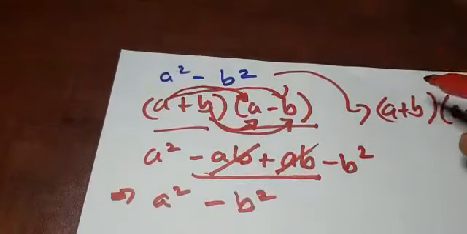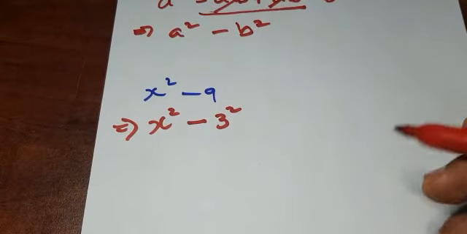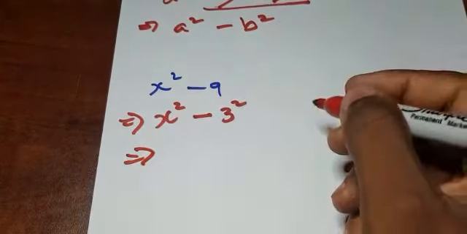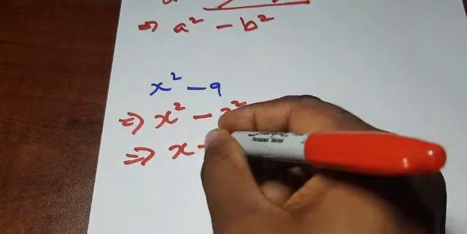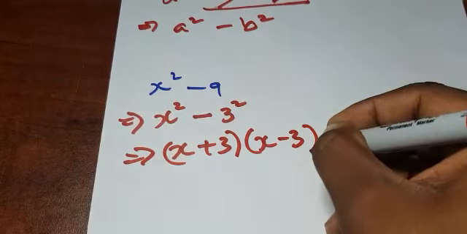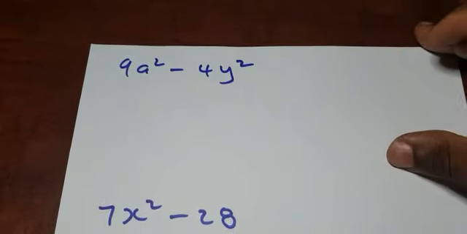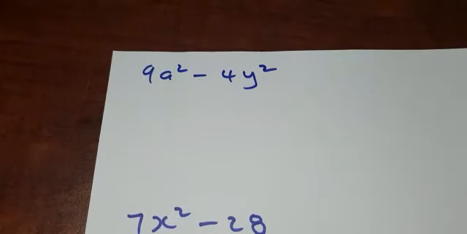So it's in the same setup, a squared minus b squared, the same form, x squared minus 3 squared. So your answer would just be (x plus 3)(x minus 3). And that's it. So on to another question, applying the same concept.